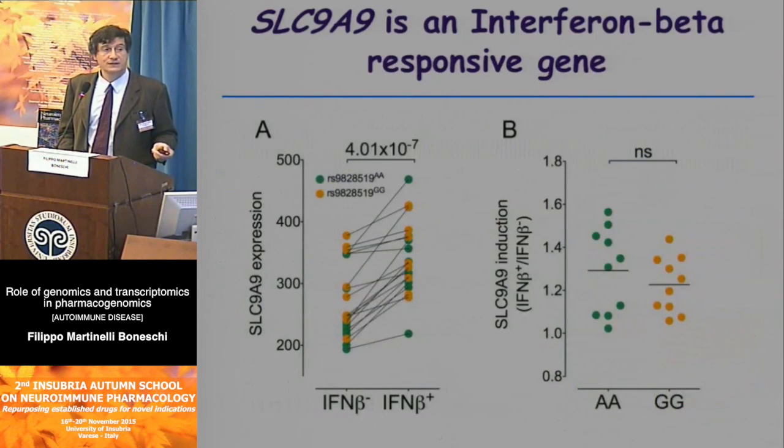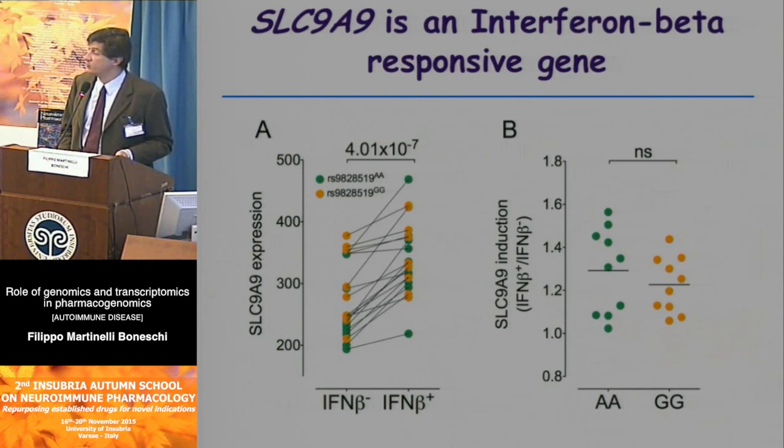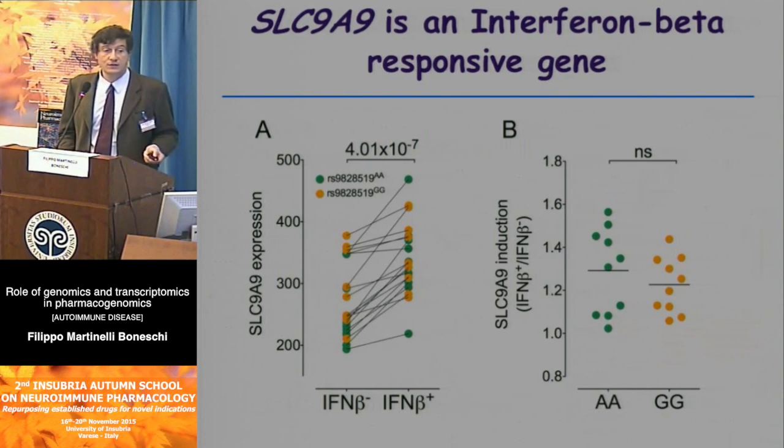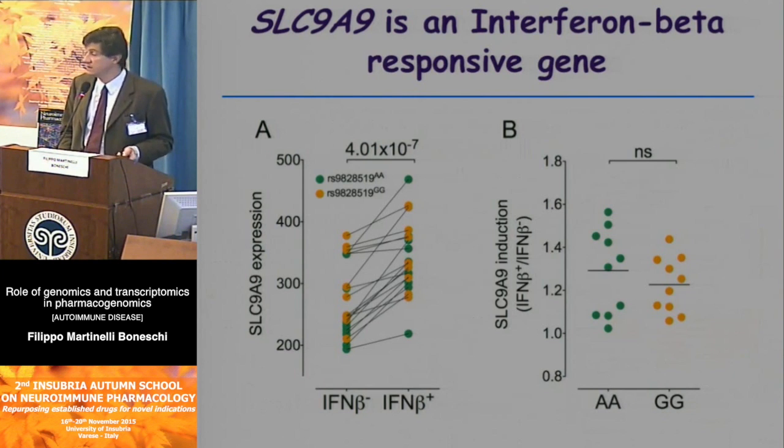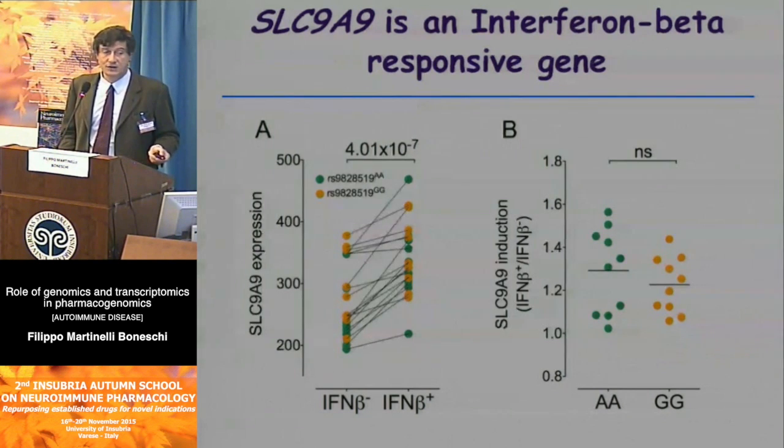So the first thing that we did was to check whether individuals stratified by this particular genotype were different in terms of response to interferons. So essentially we collected healthy controls, we typed them, and we collected individuals who carry the genotype associated with a good response to treatment, and individuals with a genotype associated with no response to treatment.